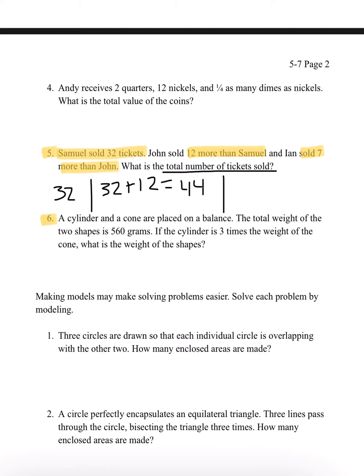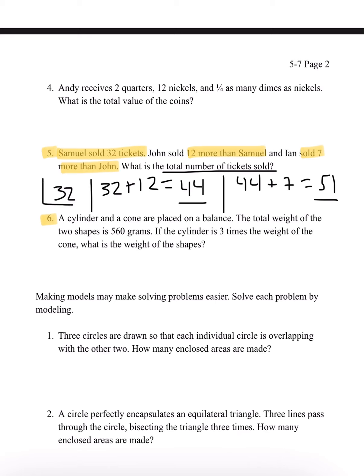And we have to find Ian. So Ian sold 7 more than John. And we know John's total is 44. And we add 7 since Ian sold 7 more. So 44 plus 7, we get 51. And that's how much Ian sold in total.